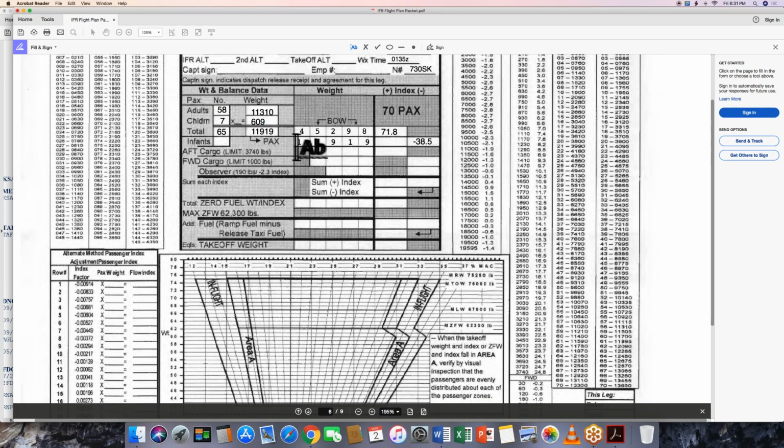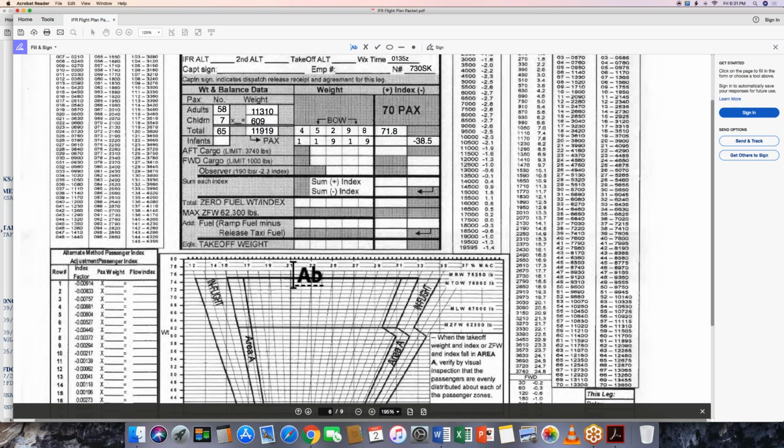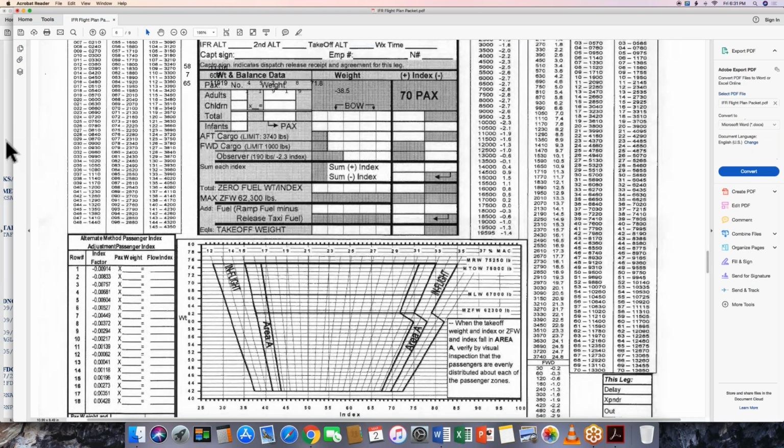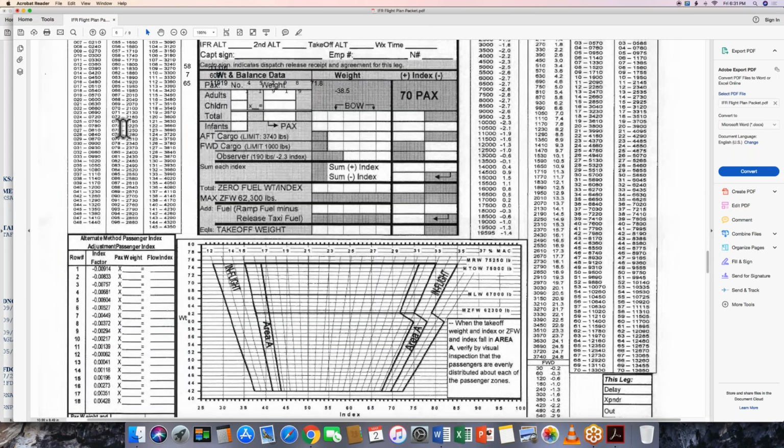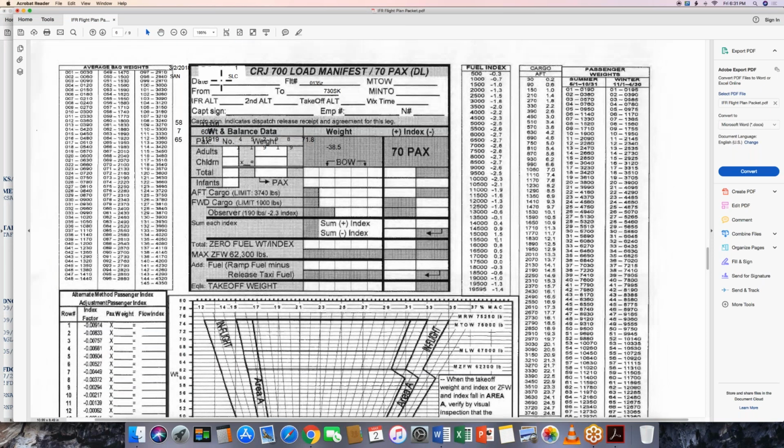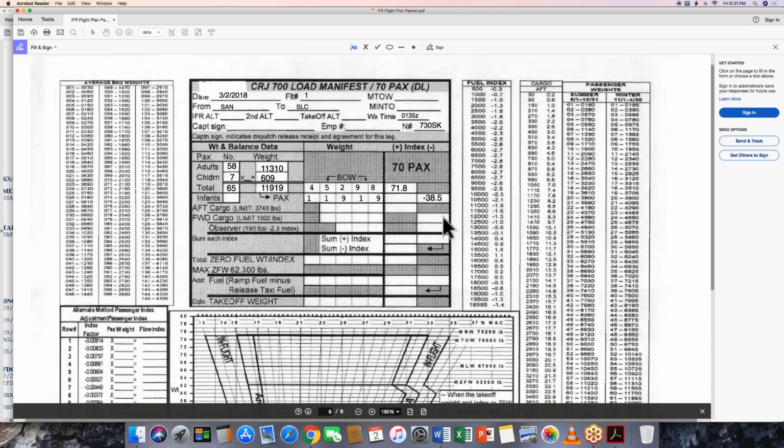Okay. Good. As soon as I do that, all of a sudden I need to look at this page here. Okay. For cargo, we have 105 bags. So let's find out how we do. Okay.